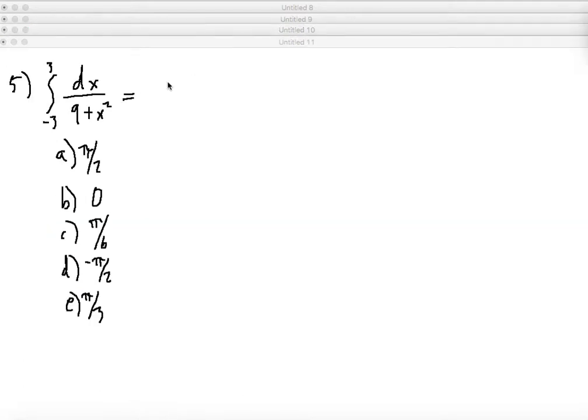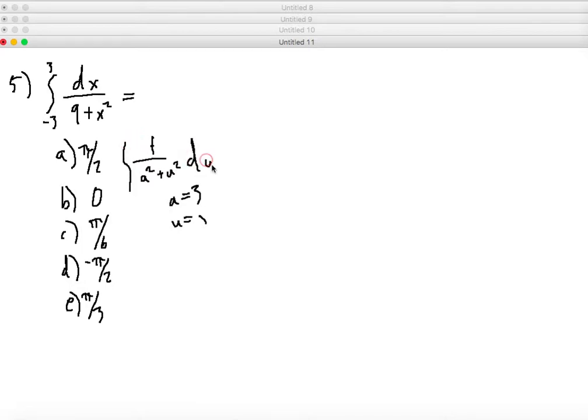For problem number 5, you need to remember once again our integrals that relate to the inverse trig functions. I see here something in the form of 1 over a squared plus u squared, where my a is going to be 3, my u is going to be x, and remember the integral of that is equal to 1 over a times the inverse tangent of u over a, and then plus c if it's an indefinite integral.